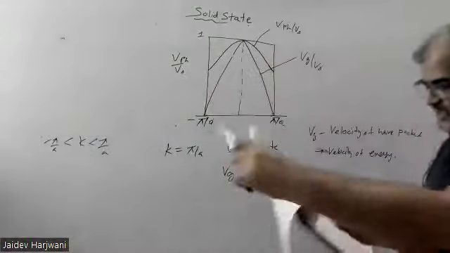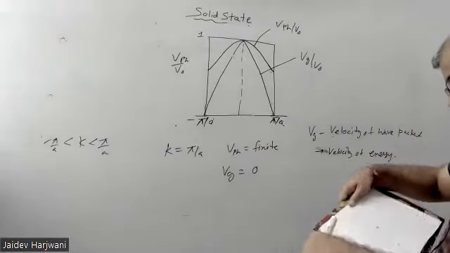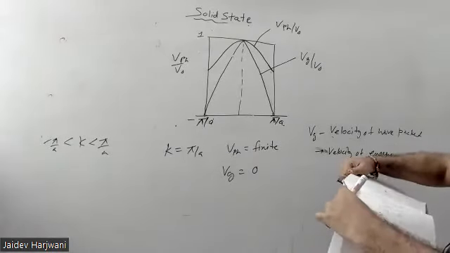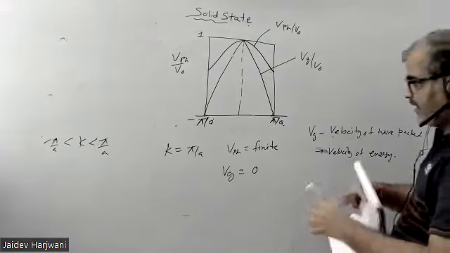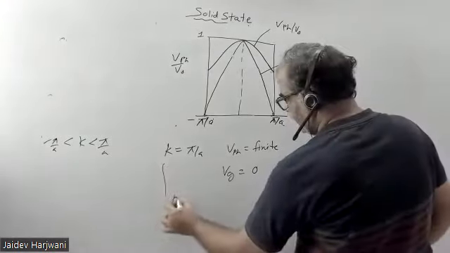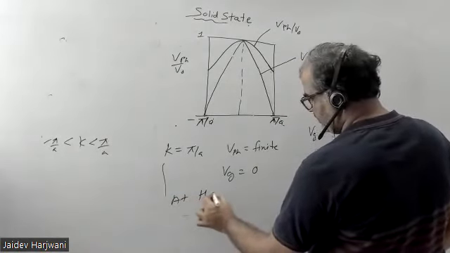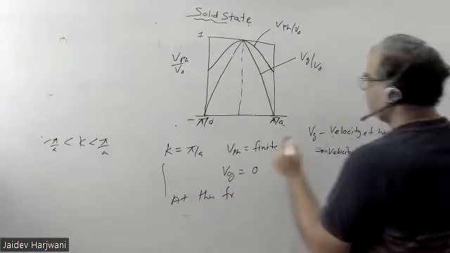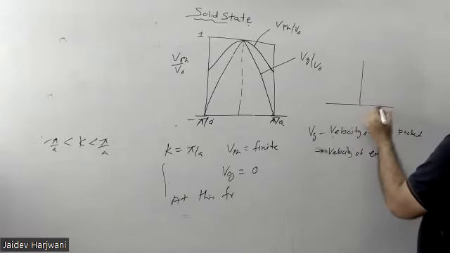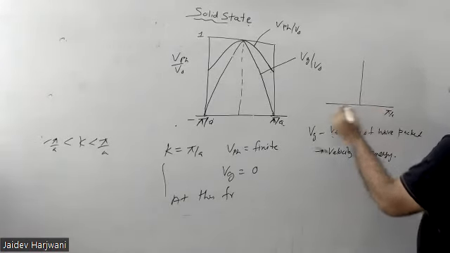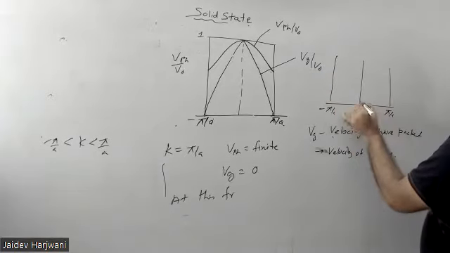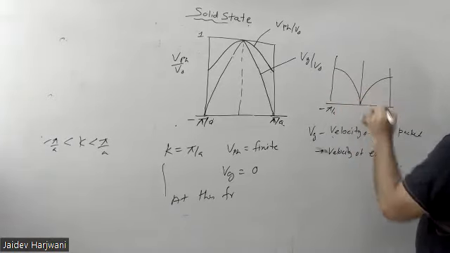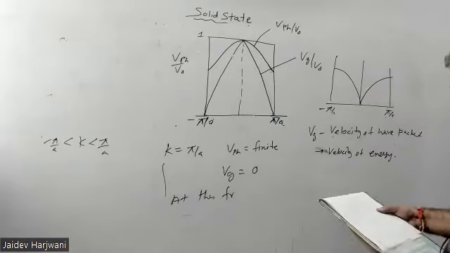So at this frequency limit, when you plot the graph, k equal to pi by a and minus pi by a, here is the maximum. So these are the maximum frequencies.